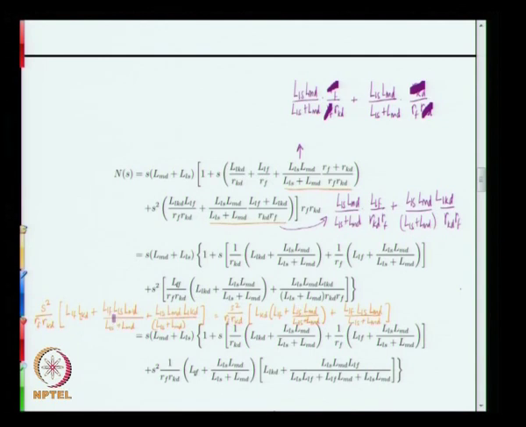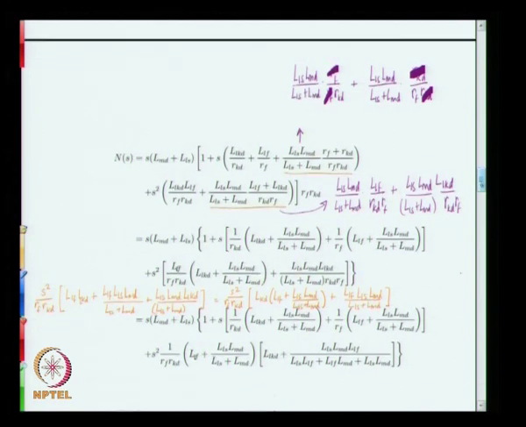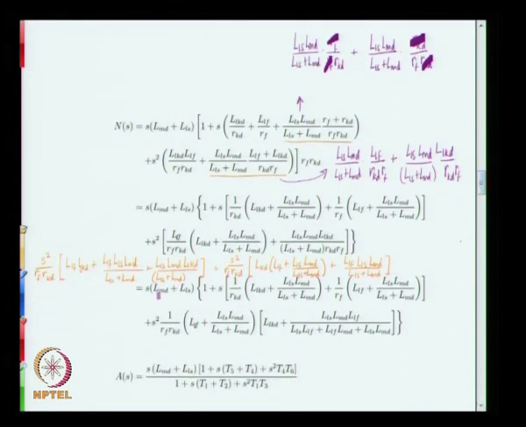The third term is then here, and therefore with this simplification what you get is S LMD L plus LS, and then note that I have left out RF RKD in the numerator for a particular reason, we will come to that, and then 1 plus S times these two terms, so that comes out as it is.